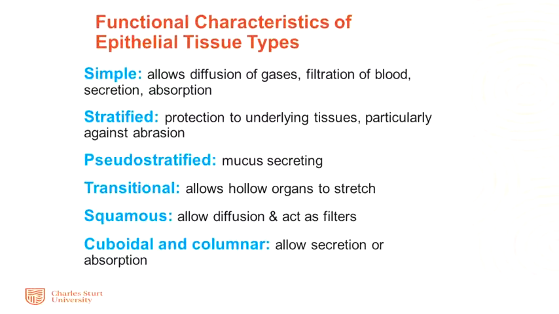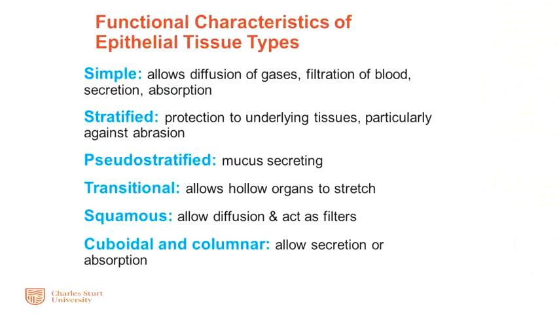They also act as filters, and we have cuboidal and columnar epithelium as well, which allows secretion or absorption. So different epithelial cells have evolved in different tissues depending on their function.